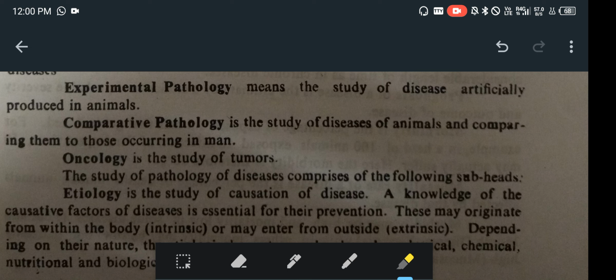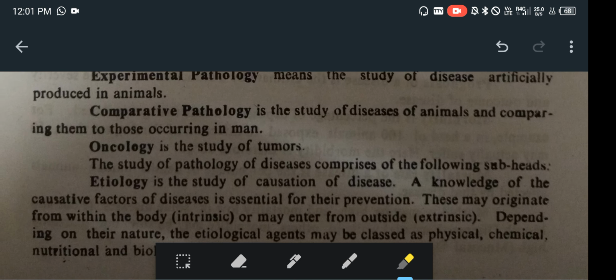If we compare diseases between humans and animals, as we are studying animals, but in this type of pathology we discuss both humans and animals, we compare both of them, and that is called comparative pathology.